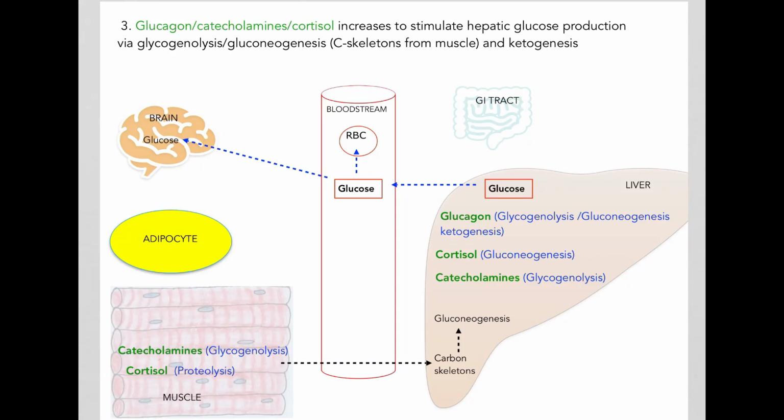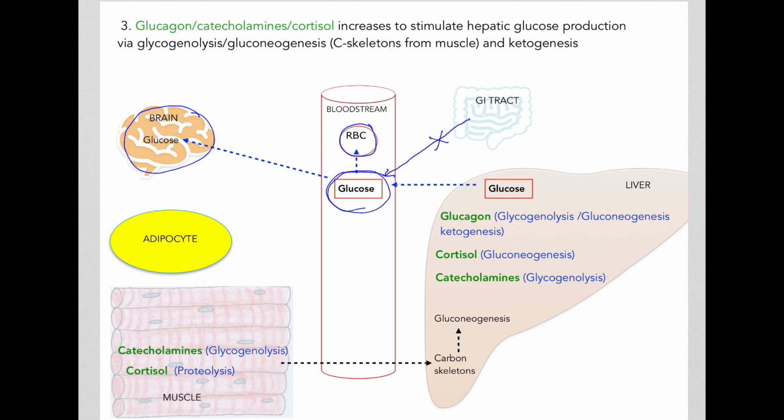Now, during starvation, there is no food, which means no glucose is entering the bloodstream from our food. So this requires that the body starts making sure that there is enough glucose in the bloodstream, because the brain basically uses only glucose for its energy needs, as well as some other glucose-dependent cells such as red blood cells.